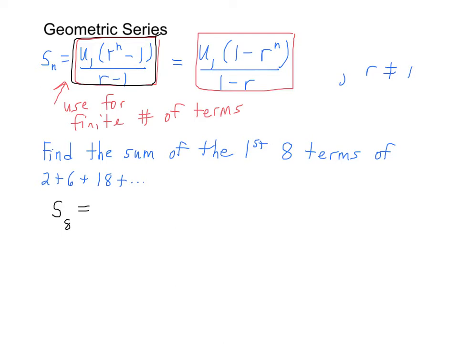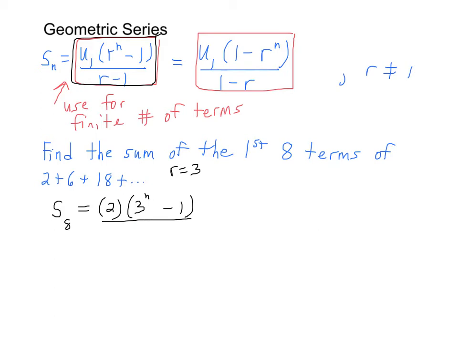So u sub 1 is my first term, so that is 2. Next we have the common ratio, which we can see here we'd have to multiply by 3 to get the next term. So my common ratio is 3. So I would have 3 raised to the n and then minus 1. Again, that's not part of the power, all over r minus 1.